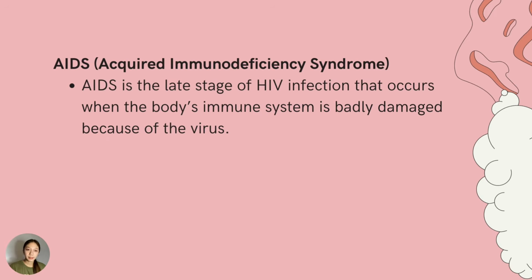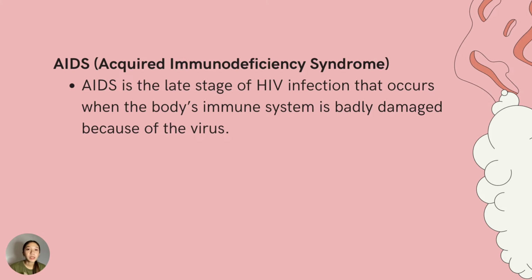Ano ba yung AIDS? Acquired Immunodeficiency Syndrome. So AIDS is the late stage of HIV infection that occurs when the body's immune system is badly damaged because of the virus. So class, AIDS is under the sexually transmitted disease. The cause of AIDS is the HIV.